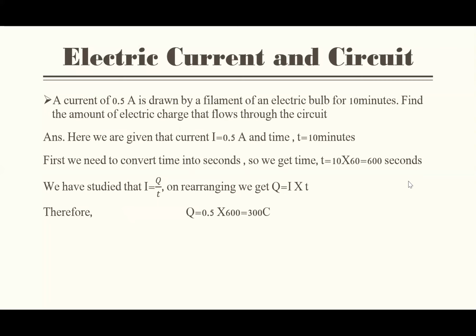That is, t is equal to 10 into 60, that is 600 seconds. And you already studied I is equal to Q by t. So on rearranging, we get Q is equal to I into t. That is, Q is equal to 0.5 into 600. That turns out to be 300 coulomb.